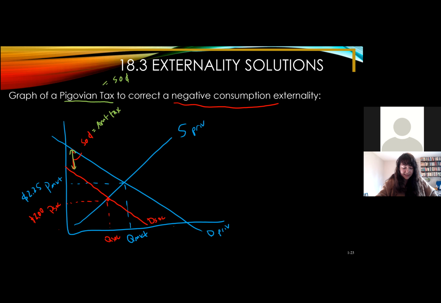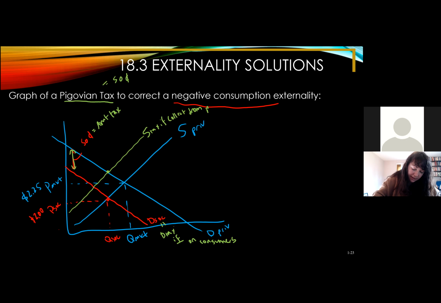So a 50-cent tax would shift either the demand curve, if you put it on consumers, if you say every time you buy gas, you as a consumer send 50 cents to the government, or a supply curve that's up here if you collect it from producers, which is more likely. Remembering back to our tax and subsidy material, it's easier to tax producers because there are fewer of them. And it's more politically popular usually.